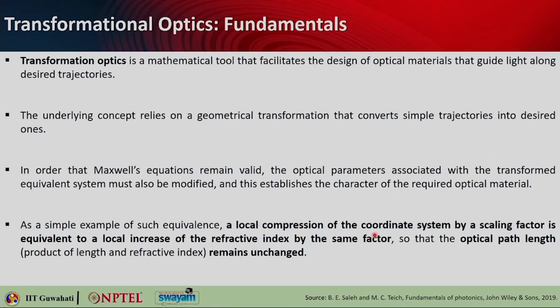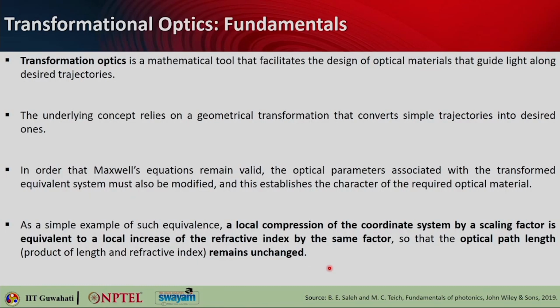So, a local compression of the coordinate system: if you are compressing any material along the z direction by a factor of a, that can also be assumed to have a similar effect as if you have the same dimensions along z, but the material now has a refractive index na. n was the previous refractive index, now it will have na as the refractive index.